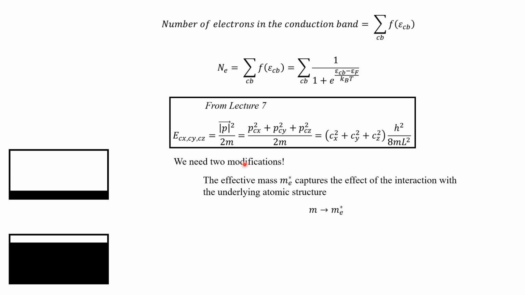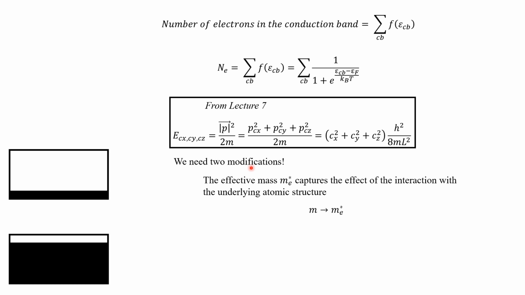There is an interaction, but we can capture the effect of the interaction by replacing the mass of the electron with its effective mass. So the concept of effective mass is quite profound, is quite important in semiconductors, but we don't need to go deep into it. All we need to know is that it captures the effect of the interaction with the underlying atomic structure.